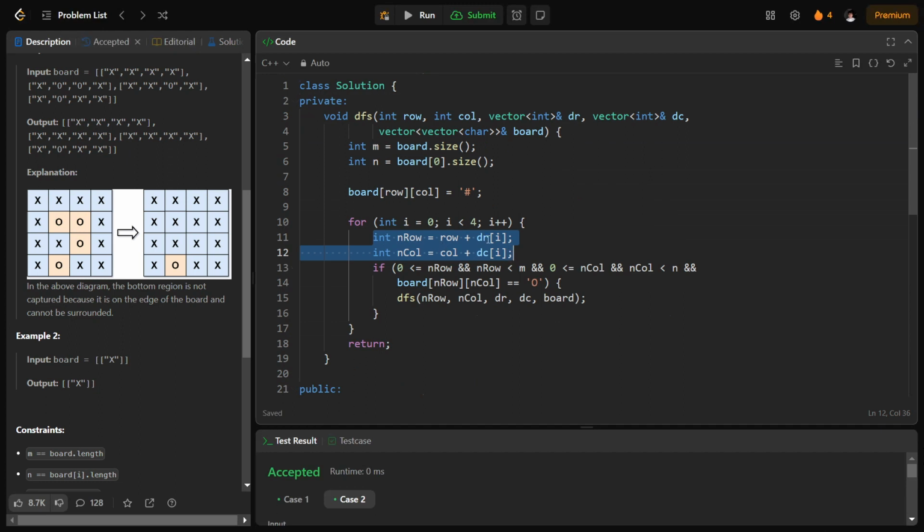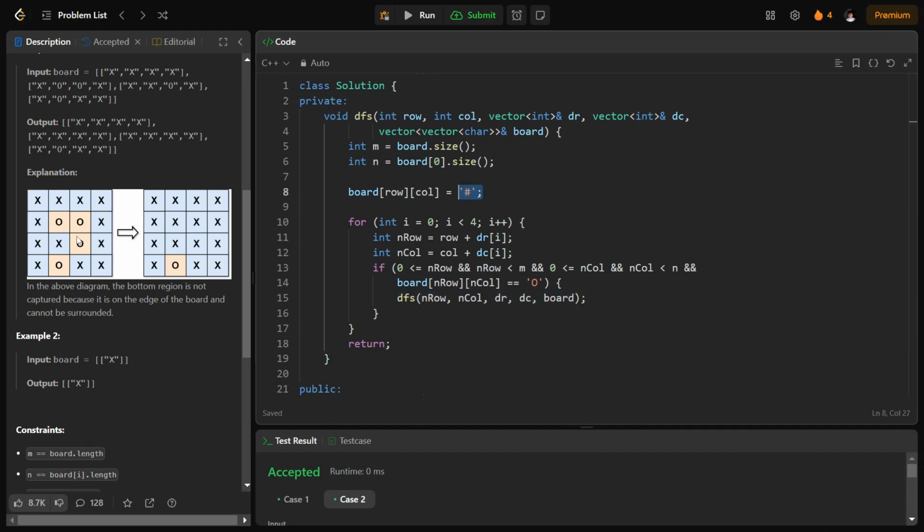So row plus delta row, column plus delta column is the new row and the new column. Now I check if this is within the matrix, and if yes, is it an O? If yes, then call this DFS again, because this O would also be connected with the caller O, and I do this until I cover all the elements, basically marking all the O's which are connected with the edge by hash.